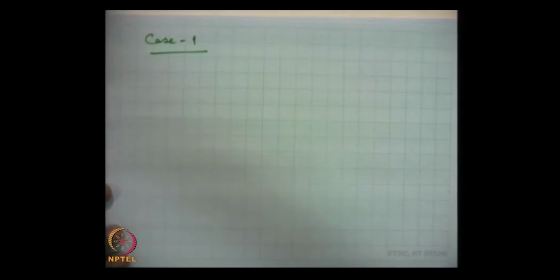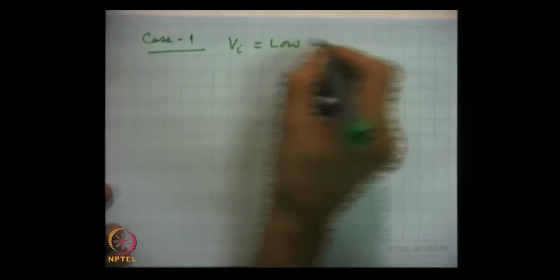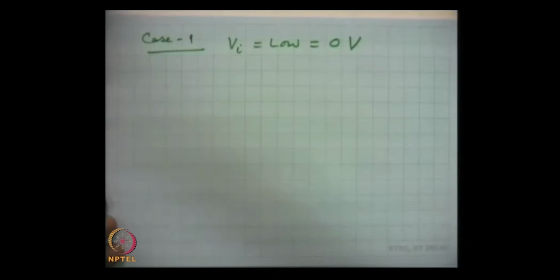Now, we can discuss two cases. Case 1: when the input Vi is low, that is 0 volt. You will have to keep this circuit in mind.